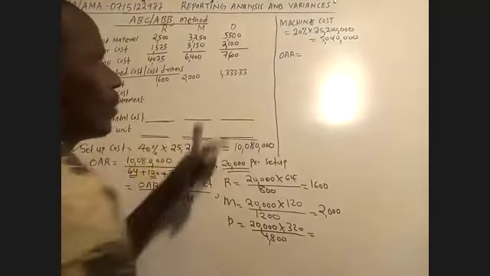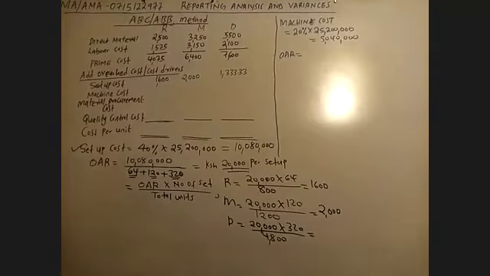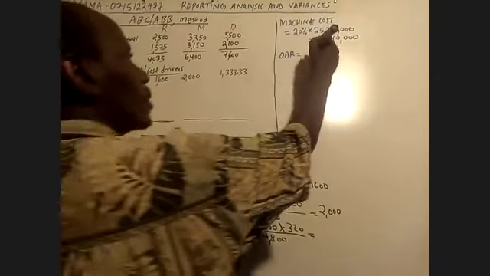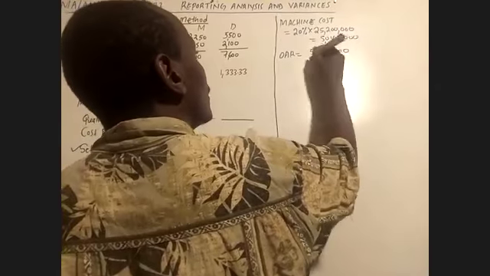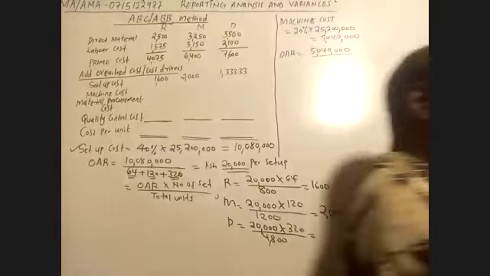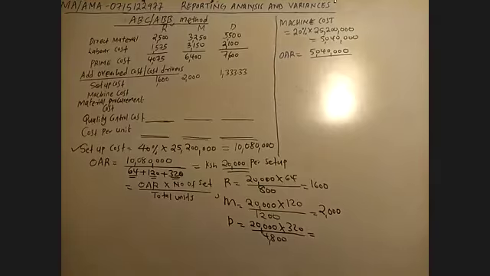So in this case, for machine cost, it will be the total cost for machine cost. We divide by the cost driver. Now, what's the cost driver of machine cost from the question? The cost driver for machine cost is the number of machine hours.